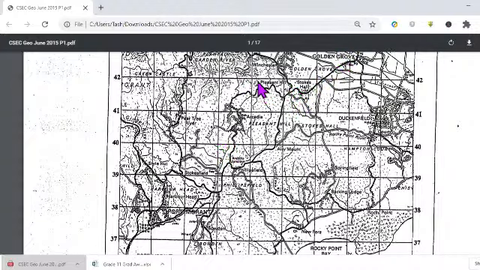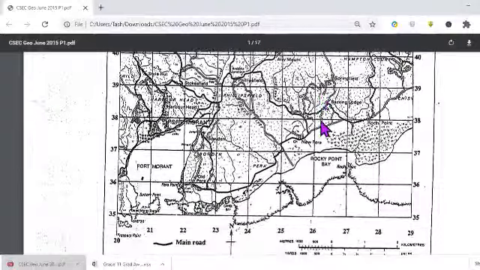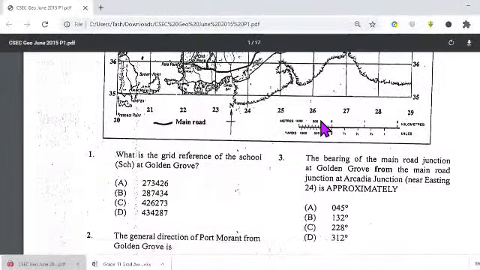So just from looking at the map itself at first, you would be able to tell that your answer would have been between 0 and 90 degrees, maybe 40 something. So we can look at the answers to check. So based on the location, A would have been our answer. That would have been 45 degrees just by looking at it.